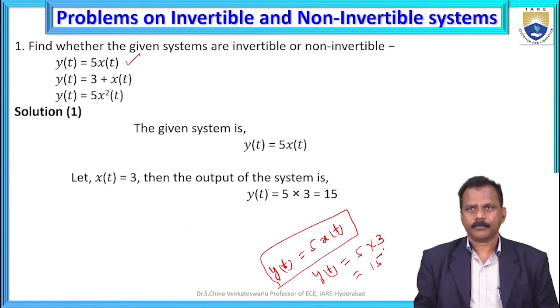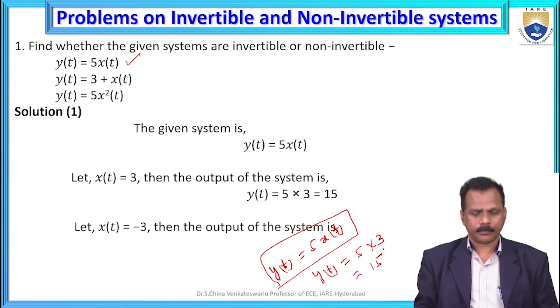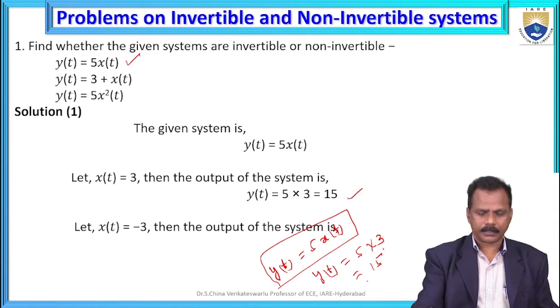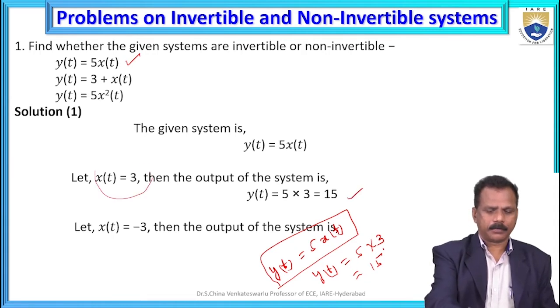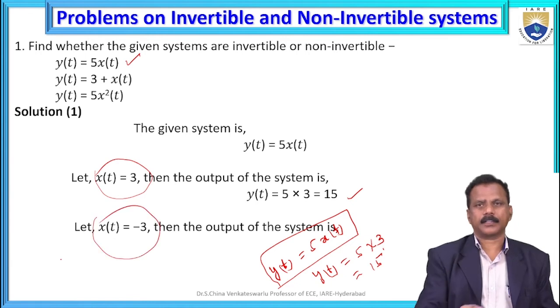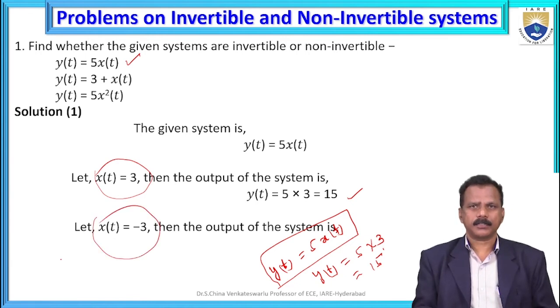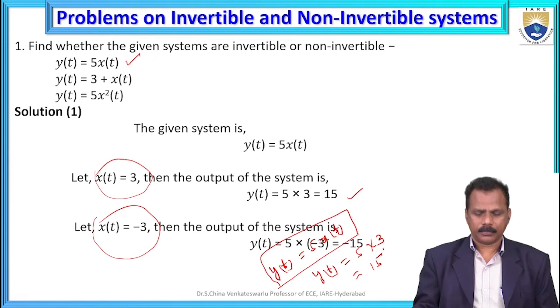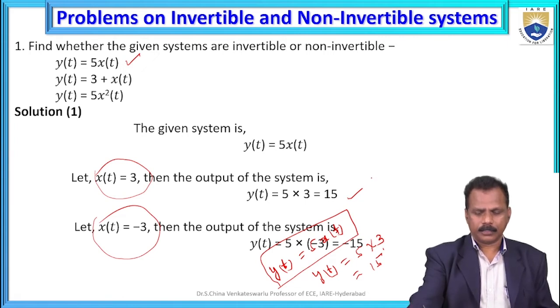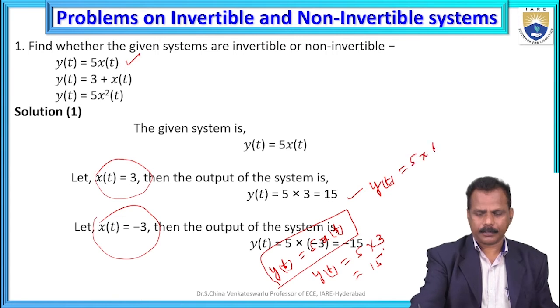Like this, we will verify the first notation. Next, the second one is where x of t is equal to -3, and the output of the system is y of t equal to 5x of t.